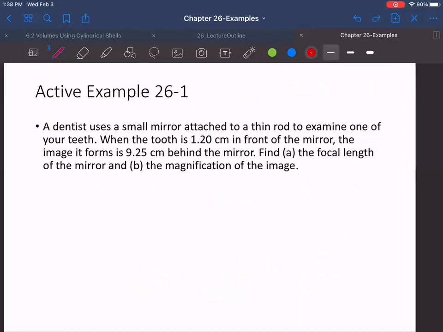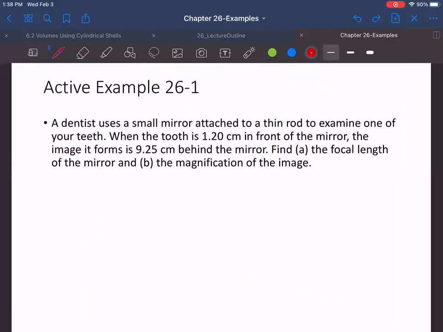A dentist uses a small mirror attached to a thin rod to examine one of your teeth. When the tooth is 1.2 centimeters from the front of the mirror, so DO is 1.2 centimeters, the image it forms is 9.25 centimeters behind the mirror.